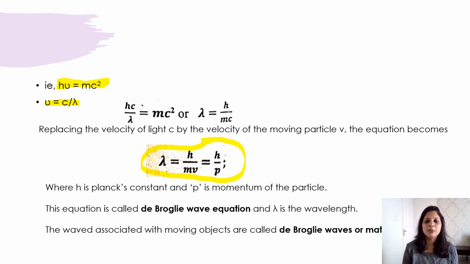So this is the de Broglie wave equation, where lambda is the wavelength, and the waves associated with these moving particles are called de Broglie waves. So this is about Bohr's model and also something about the de Broglie wave equation. Thank you for your patient listening. Thank you.